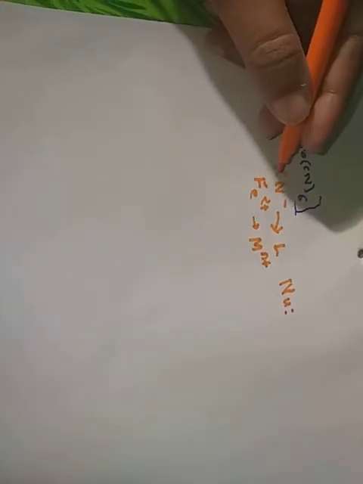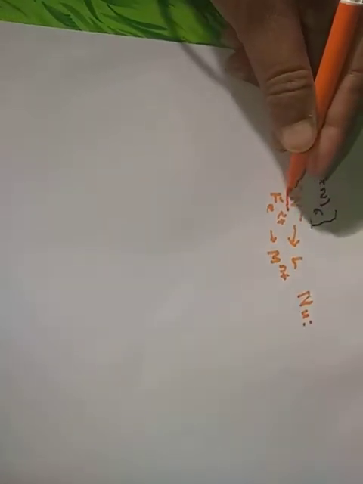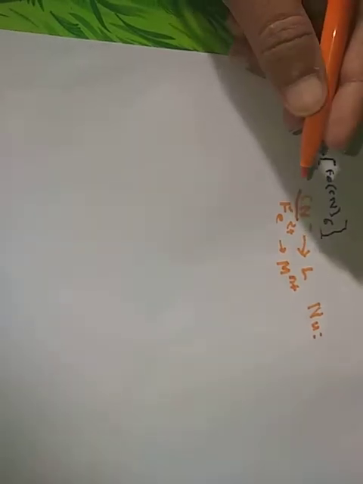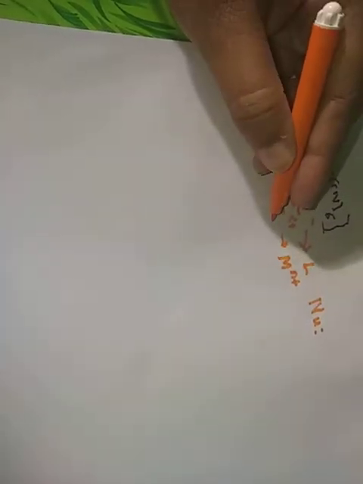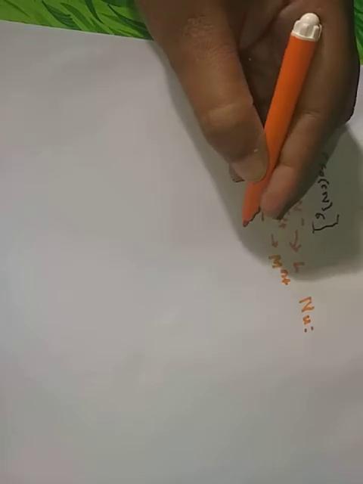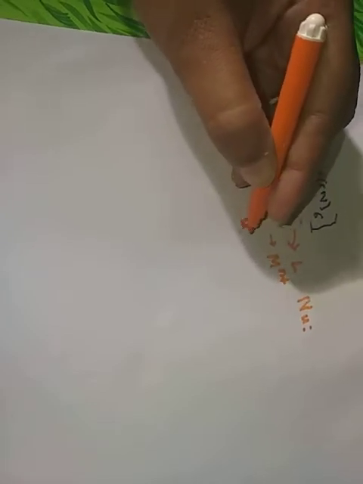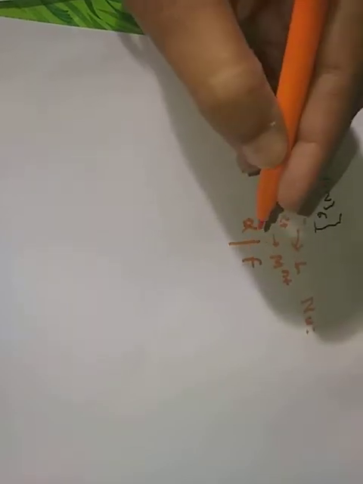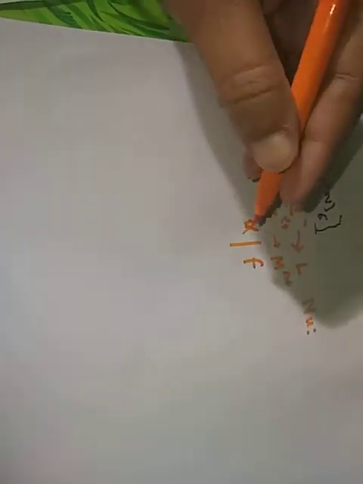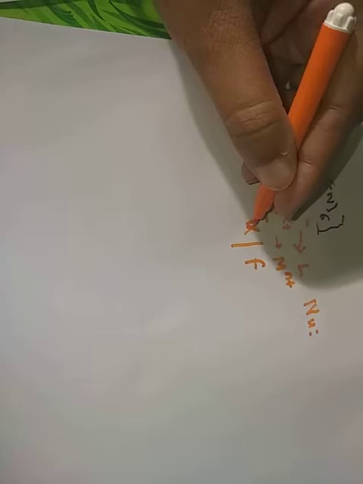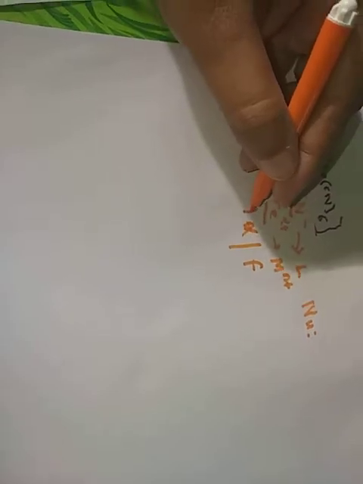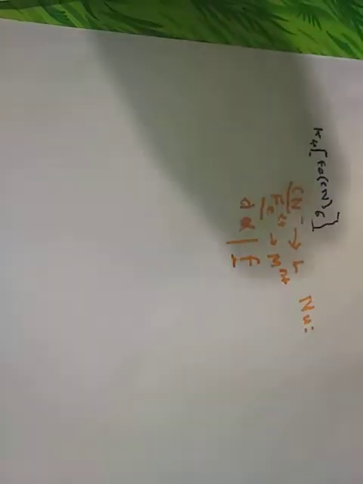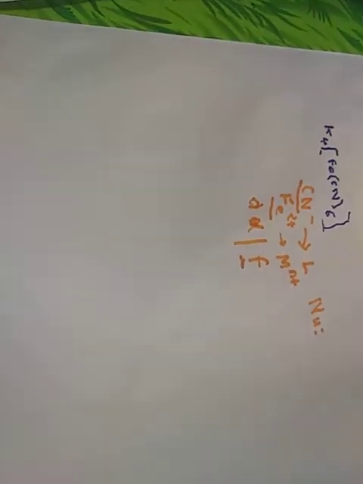That means all ligands are either negatively charged or have lone pairs of electrons, while the central metal is necessarily a d or f block element. That means they have incompletely filled d orbitals, or partly filled f orbitals.